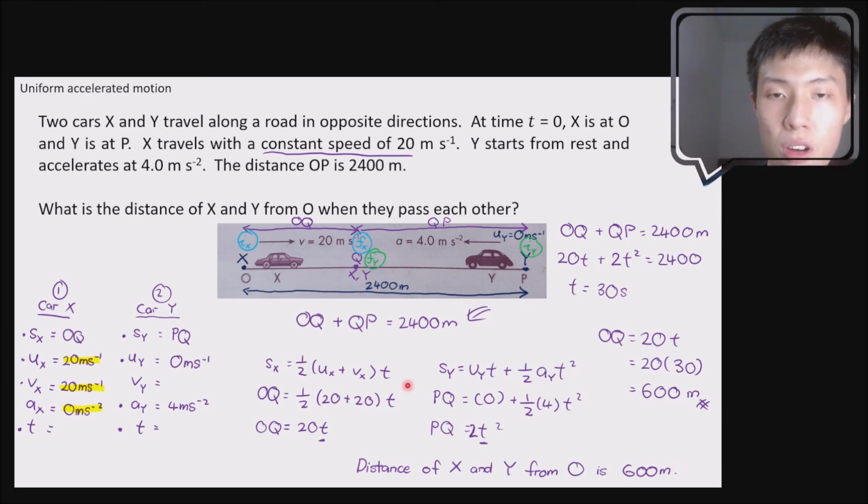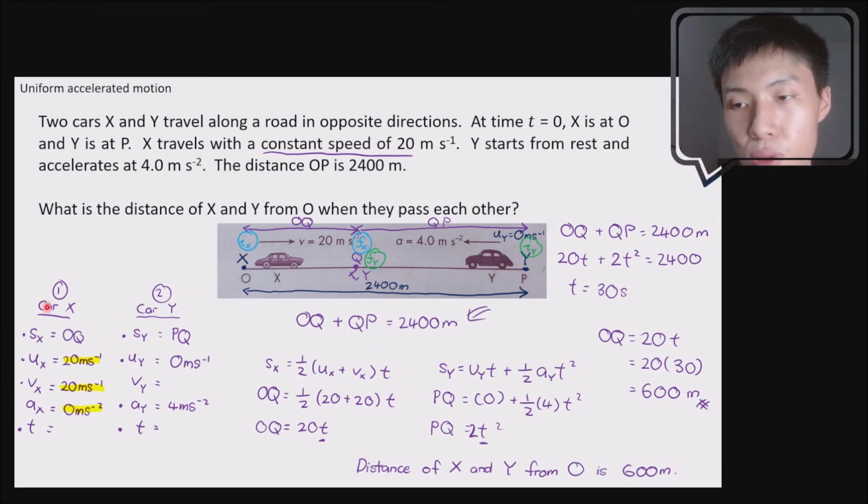Again, the main point of showing you this question is that if you have two objects and you do not have enough information for both objects, you can involve them in a simultaneous equation. Pick another unknown that you don't know, combine it so you get two unknowns and two known values.